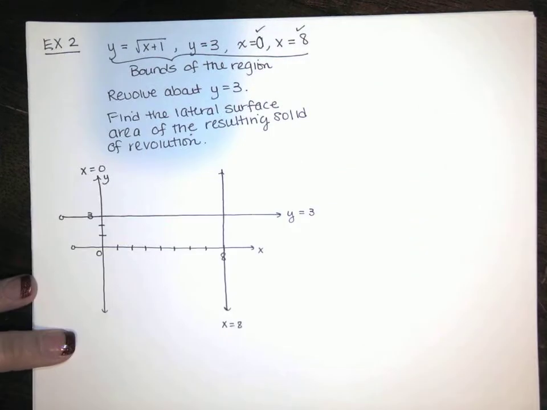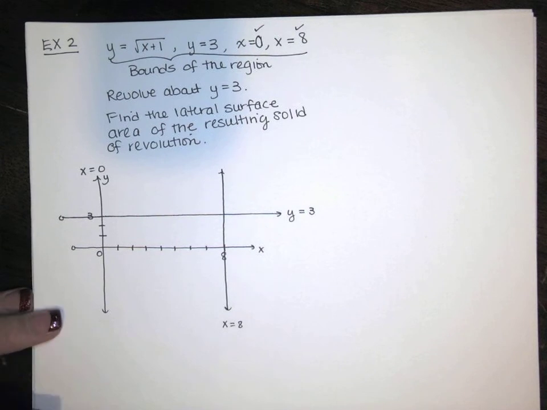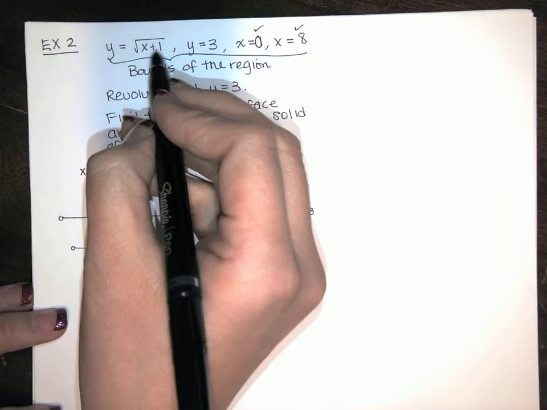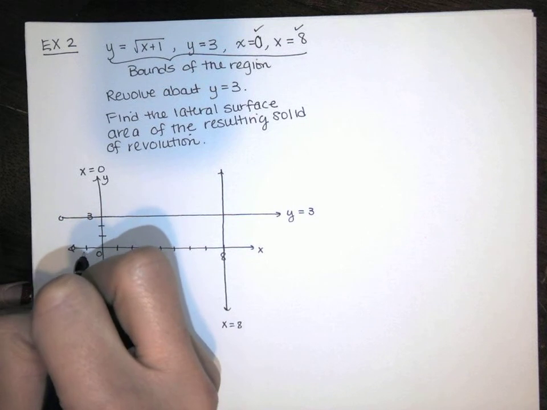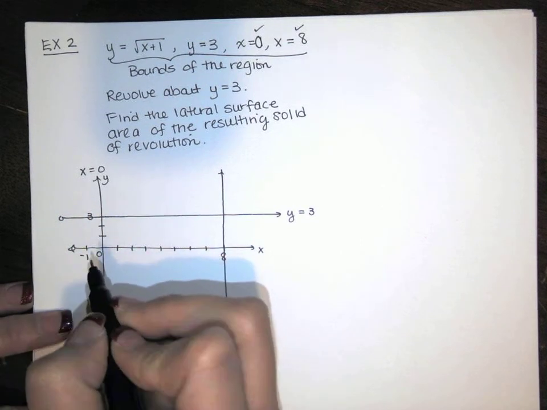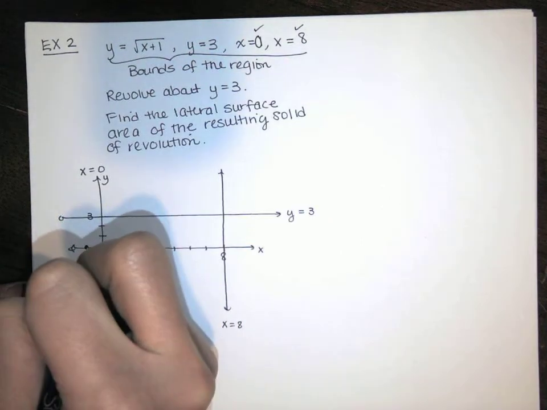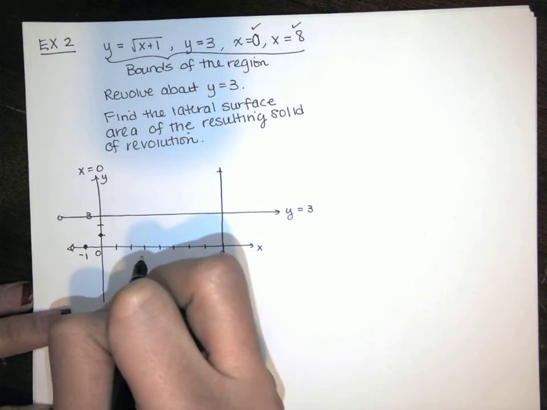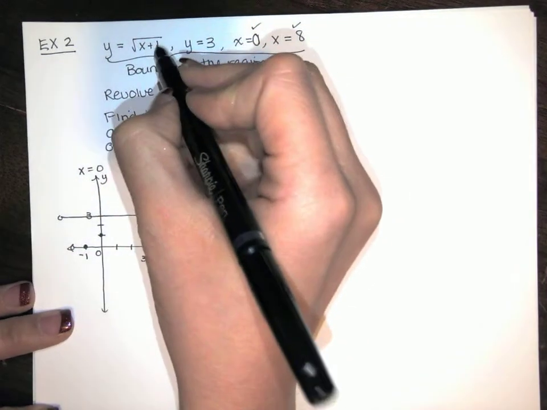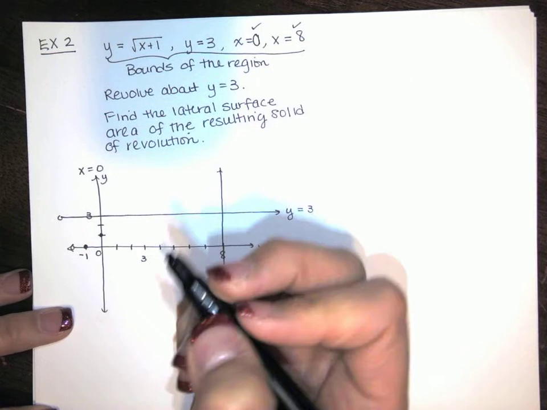And the curve given by y equals the square root of x plus 1. Now that is the y equals square root of x graph. It's just been shifted 1 unit to the left. So when x equals -1, we get 0. When x equals 0, we get 1. When x equals 3, that's 3 plus 1 is 4. Square root of 4 is 2.